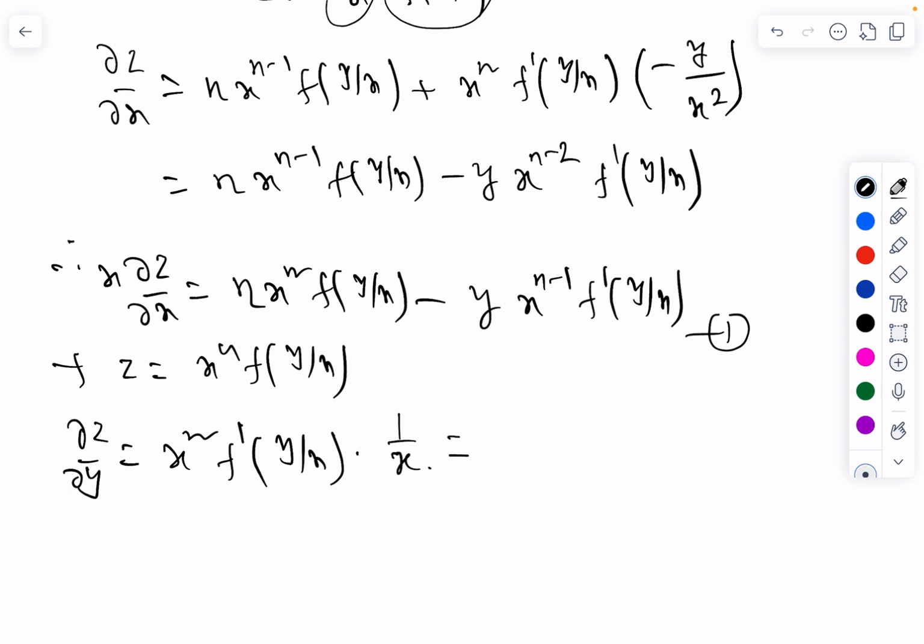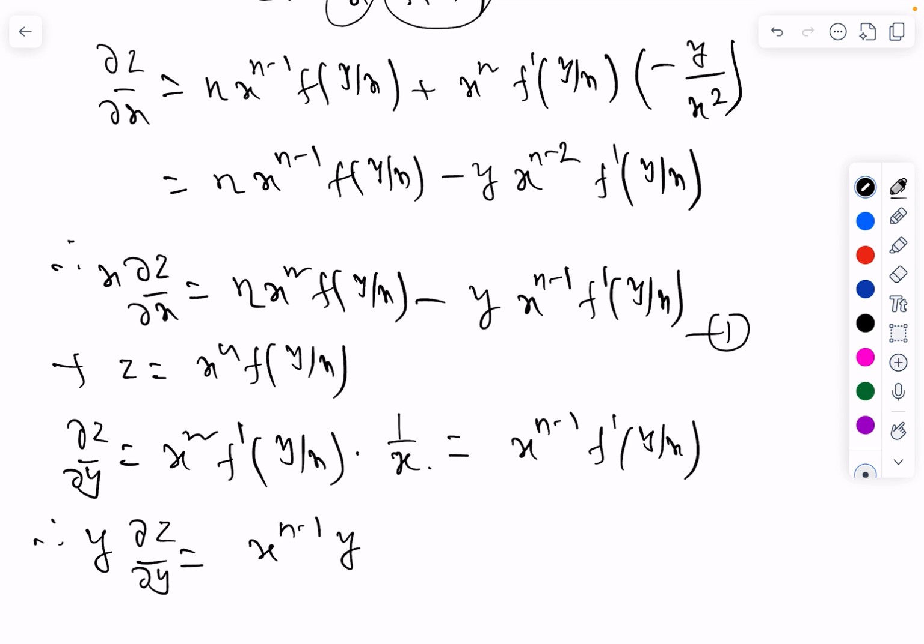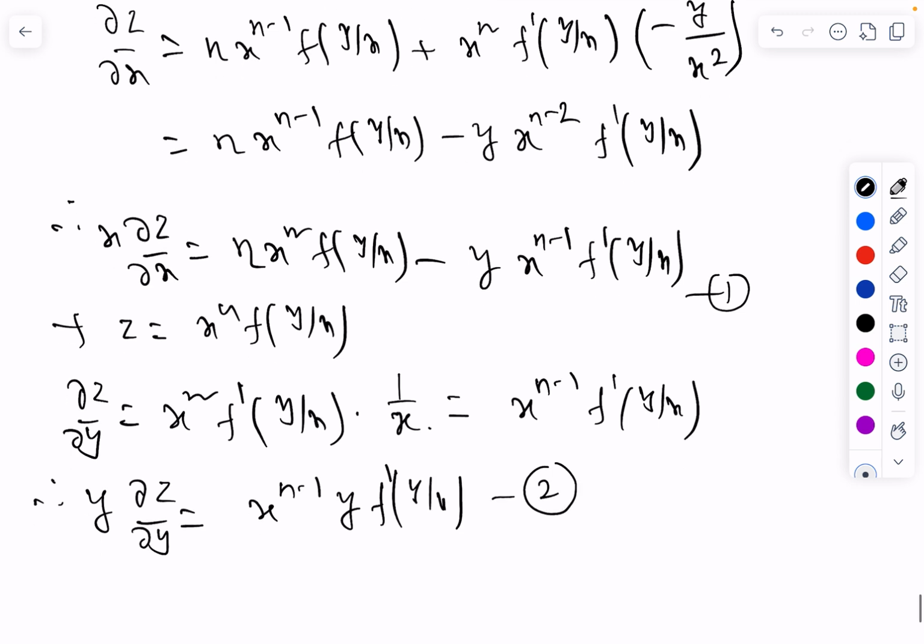So this is equal to x power n minus 1 f dash y by x. And therefore y times del z by del y equal to x power n minus 1 into y f dash y by x. So this is 2.